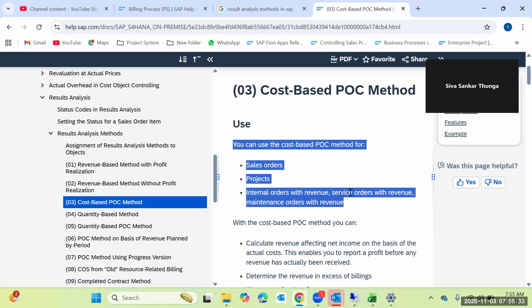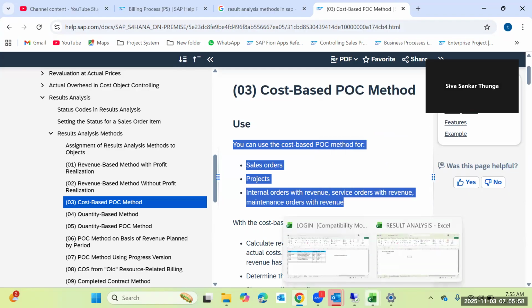Service orders: in case you sold some product or equipment to the customer, then there is a service involved, in which while performing the service, you will bill the customer, right? So in that also revenue is involved. Maintenance orders with revenue: let us say you are doing some maintenance activity, repair at site, or in-house repair activities for the customer. Those are also treated as revenue objects.